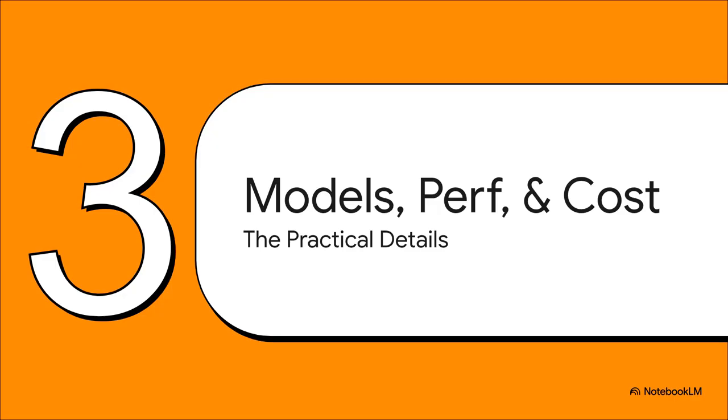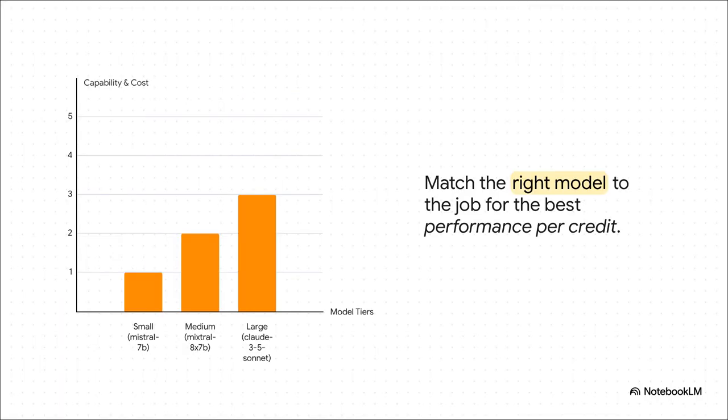All right, time for the part everyone really wants to know about: models, performance, and cost. We're going to get right into the nitty-gritty here and answer those two big questions every data pro has. Which model do I pick, and what's this going to cost me? So choosing a model is actually pretty easy because Snowflake groups them into these tiers.